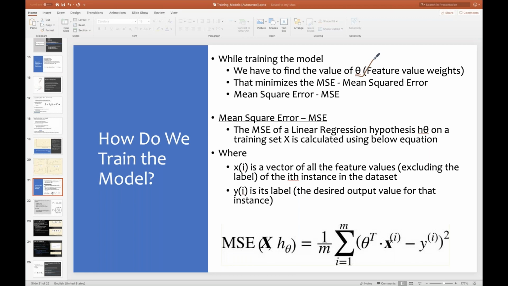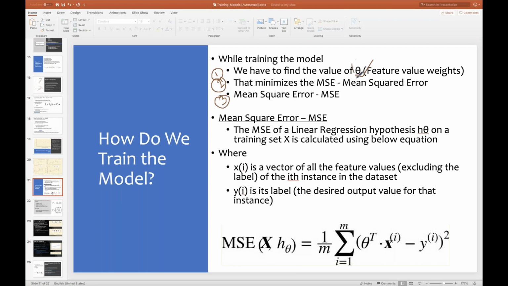You need to find this first. You need to find the value of theta that is minimizing the root mean square error, and understand how the mean square error is performing on that specific theta.